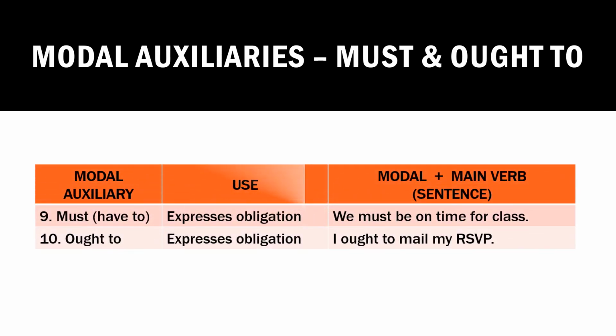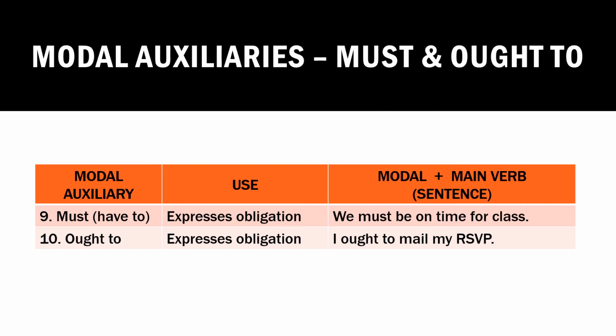The modal auxiliaries must and ought to. So when you use must, you can also use it in the form of have to. Now both must or have to and ought to express obligation, but a little more forcefully. Like, for example, we must be on time for class, meaning there is no yes or no. We must, we have to be on time for class.